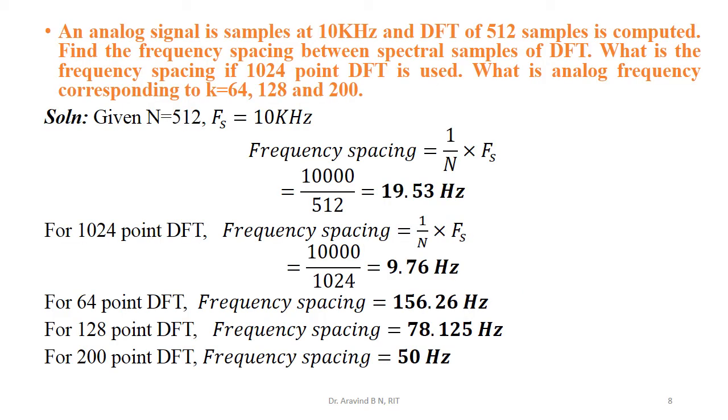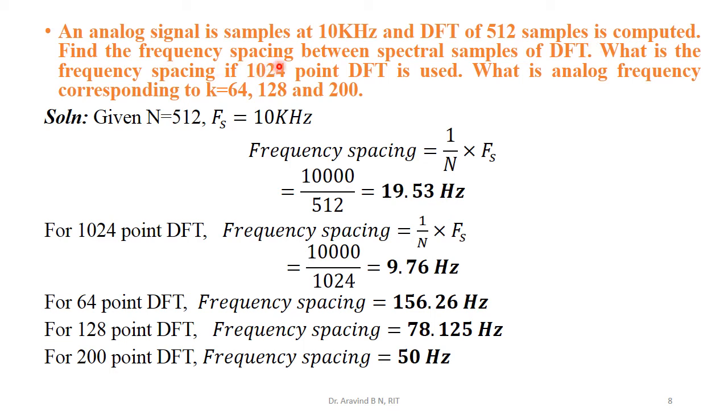So let us take one more problem which is quite simplified, but it will be asked for around 4 marks during the examination. An analog signal is sampled at 10 kilohertz and DFT of 512 samples is computed.